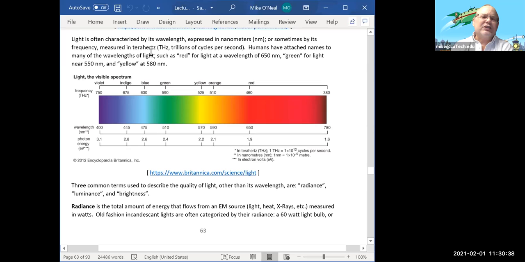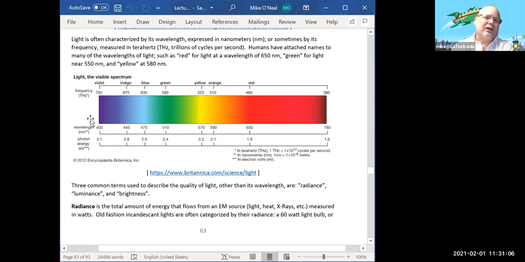Light is often characterized by its wavelength expressed in nanometers, sometimes by its frequency measured in terahertz. This scale down here came from Britannica Online, and they use 3 different scales, 3 different ways of describing the spectrum.